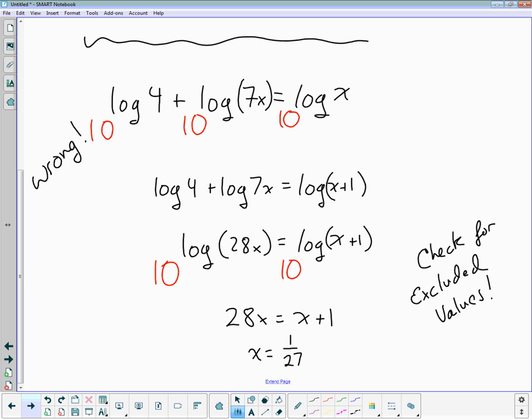And obviously, if I plugged in all of those x's, I would be getting positive numbers in all cases, and I would be able to take their logs. Does that make sense?